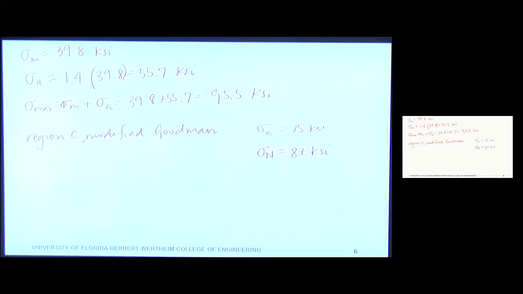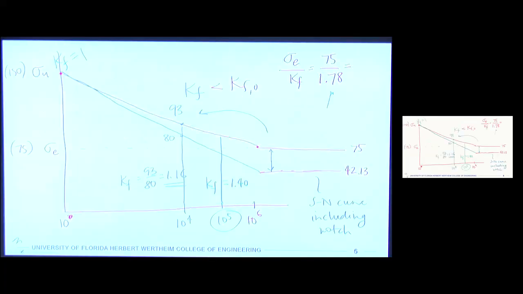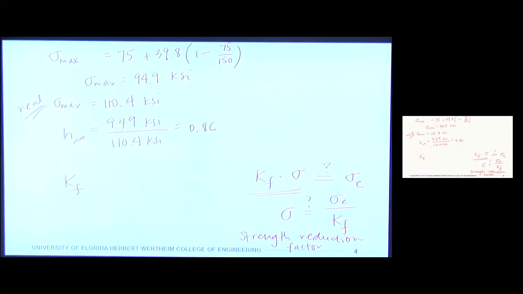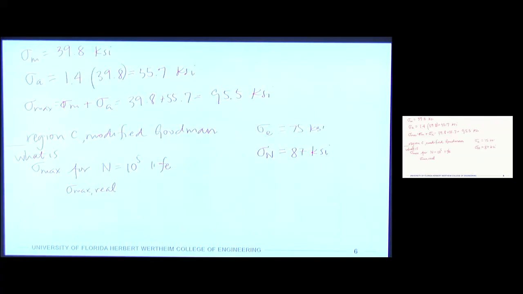So let's do the same thing. Let's calculate the maximum stress for n equals 10 to the 5 life. Then we'll take our sigma max for what we have and calculate our factor of safety.